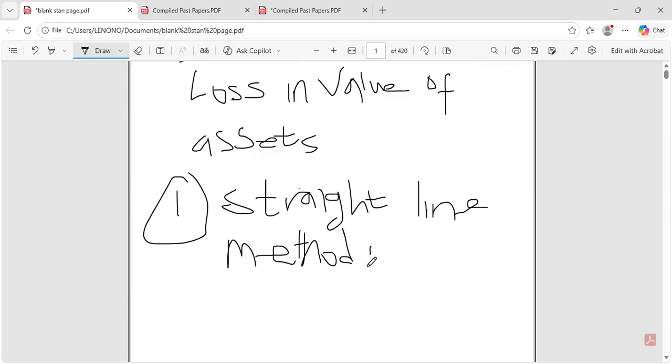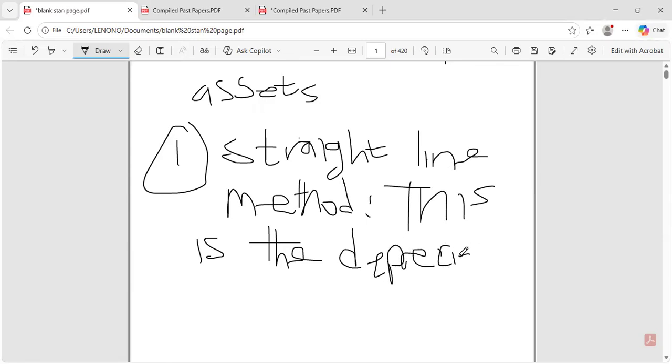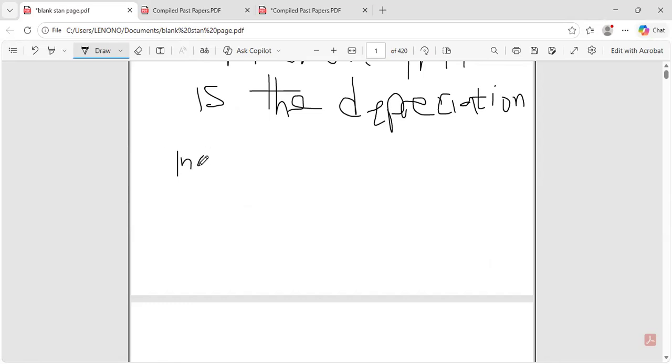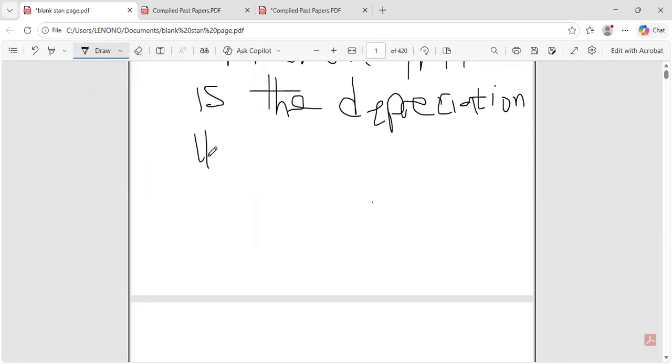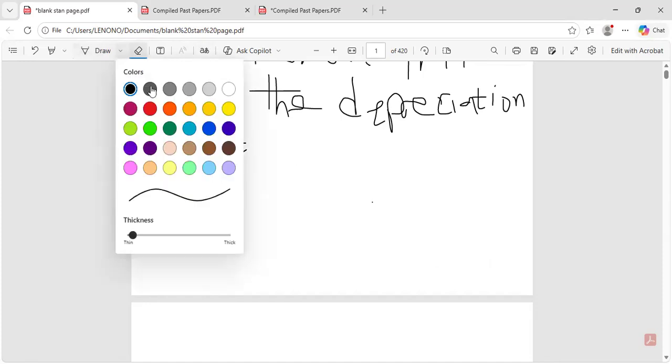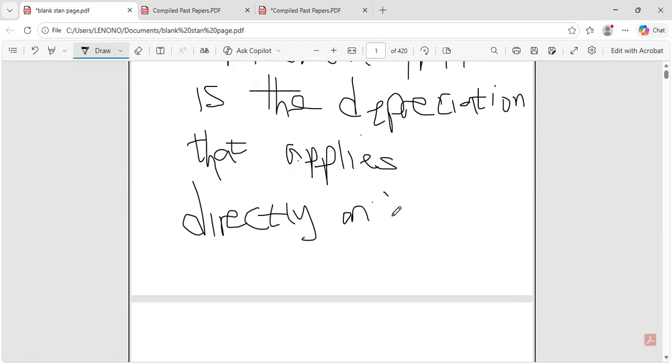This is a depreciation that applies directly on the cost of assets.